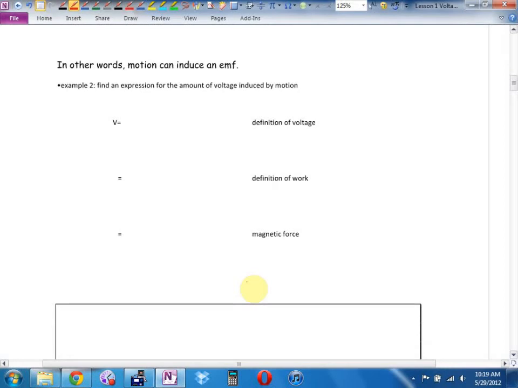Find an expression. Well, we said this. Voltage was potential energy per charge. Voltage is force times distance per charge, because potential energy is how much work, energy is the ability to do work.